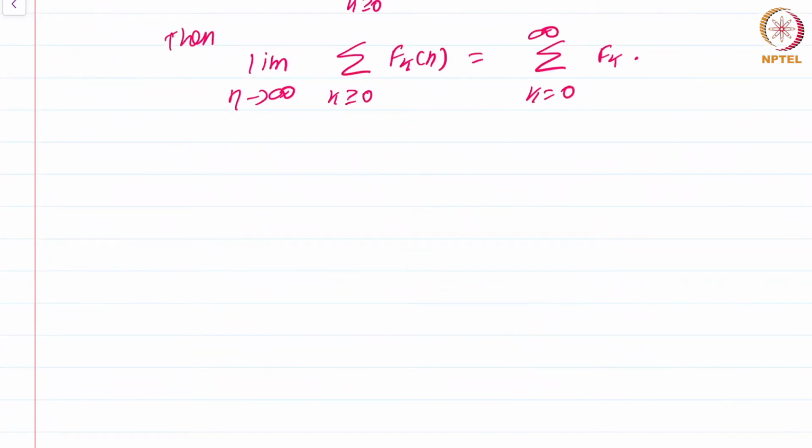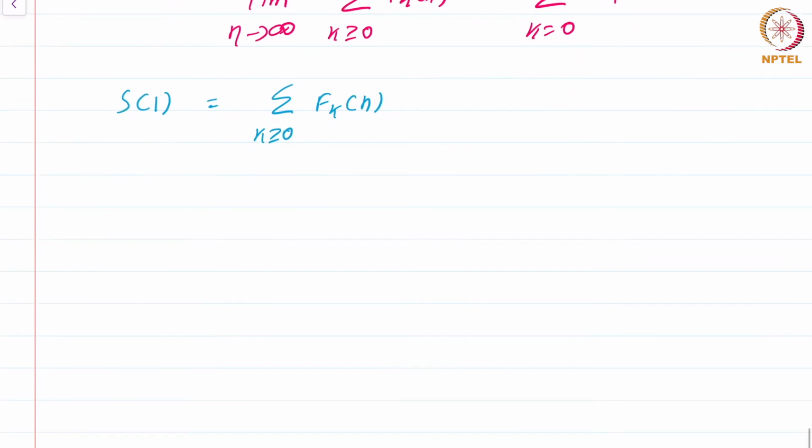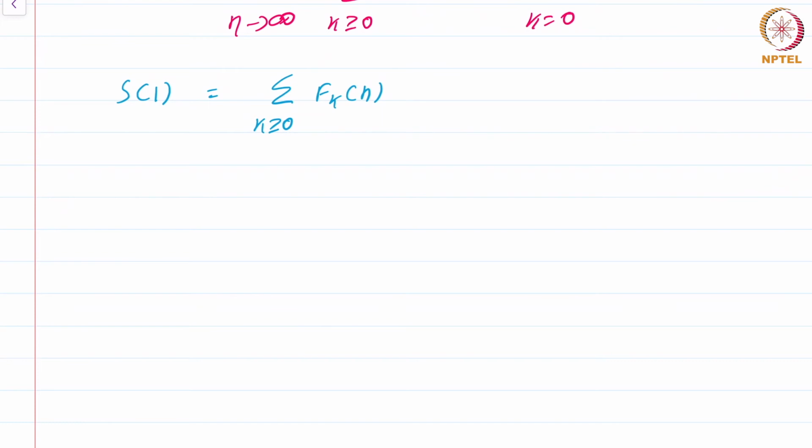To understand what Tannery's theorem is trying to say, it might be a good idea to draw a grid. So we have this S1, which is supposed to be summation fk1 as k goes from 0 to infinity. Essentially let's expand this sum out.